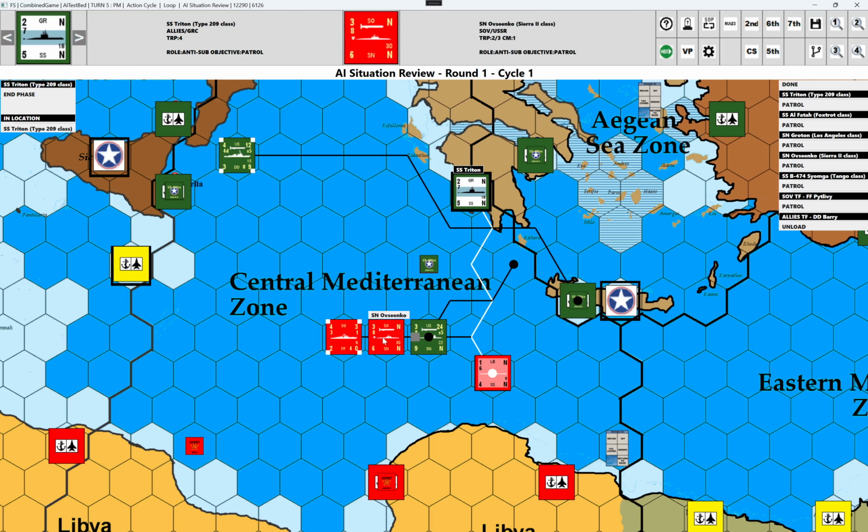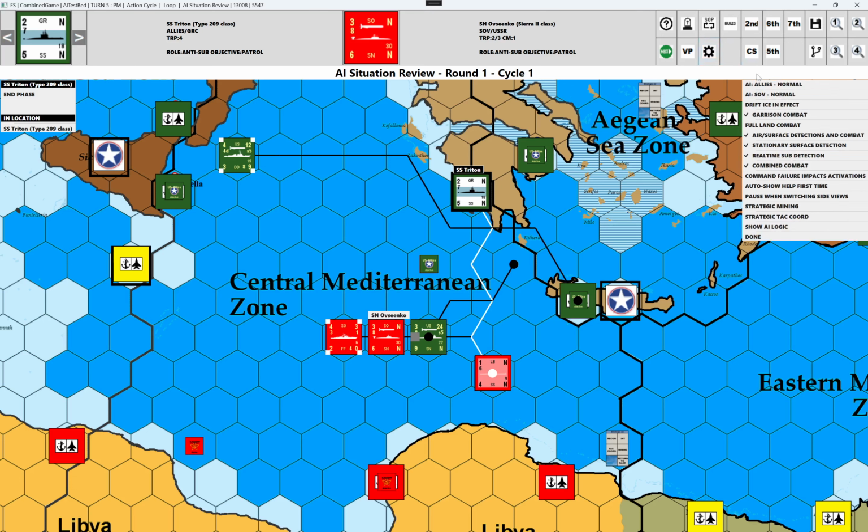Remember, I added in real-time sub detection, which is checked, which means that depending on circumstances, it's going to roll again to see if the guy evades, right? So I think this guy was able to. It was stacked against him. He was detected, and there's a U.S. sub with high ASW, so it wasn't a sure chance, but he got lucky and he went undetected.